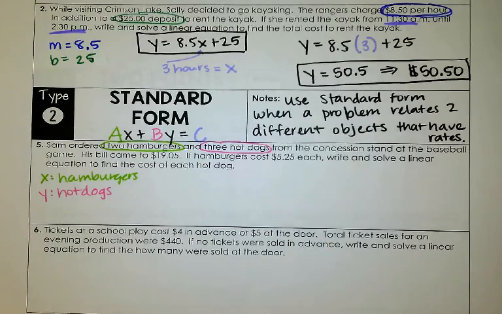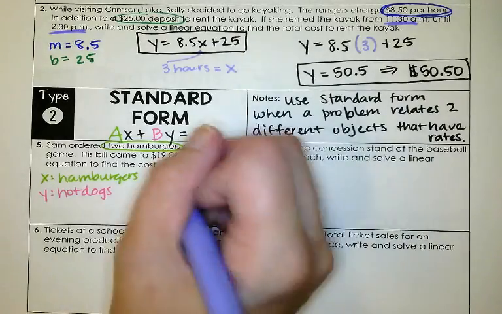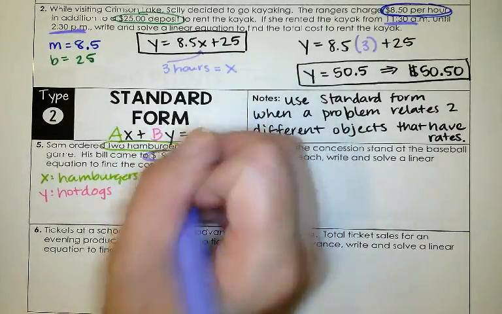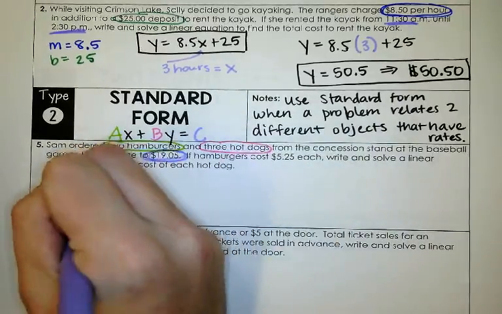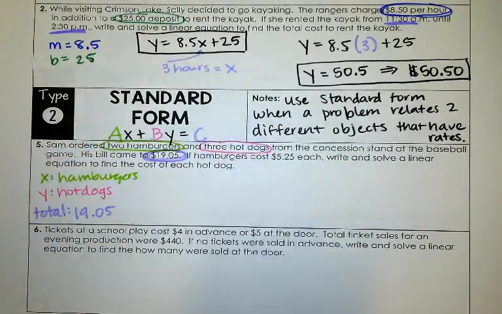Or B and D, I guess. I don't know. Hamburger, a burger, and a dog, all right? You could do that. And then our C is going to be related to our total cost. So the total in this case was what? $19.05. Do y'all feel good about that?